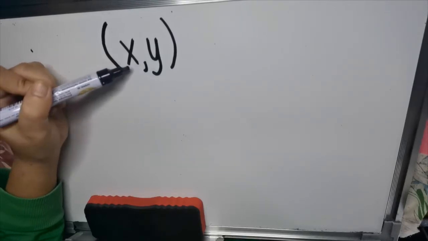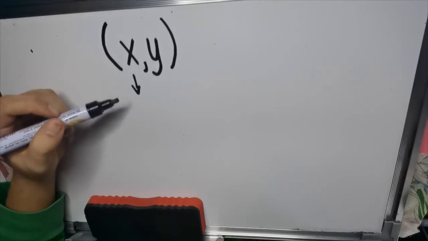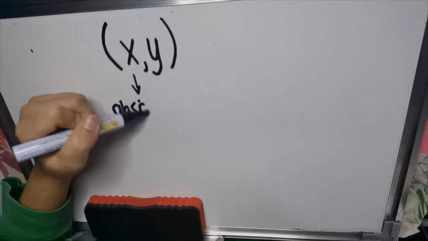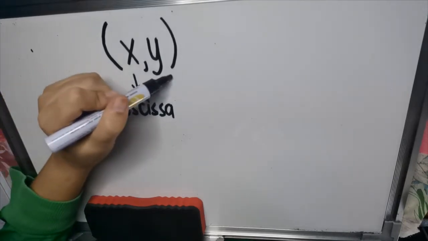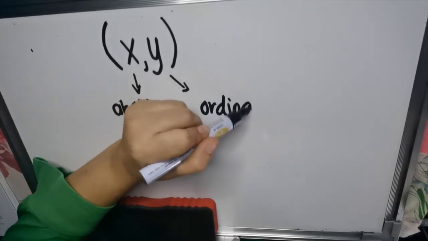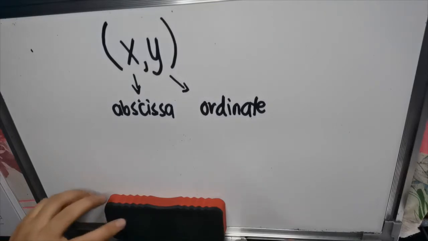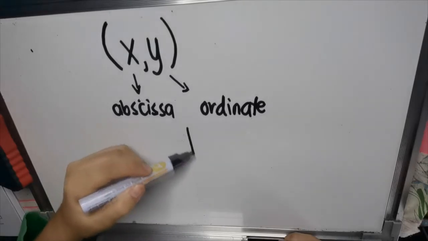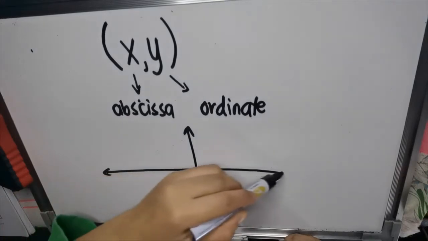Now, the first coordinate, the x, is called abscissa. And the second coordinate, which is yung y natin, ang tawag natin sa kanya is ordinate. Now, if you're familiar with the Cartesian plane, so meron tayo dyang x-axis and y-axis.